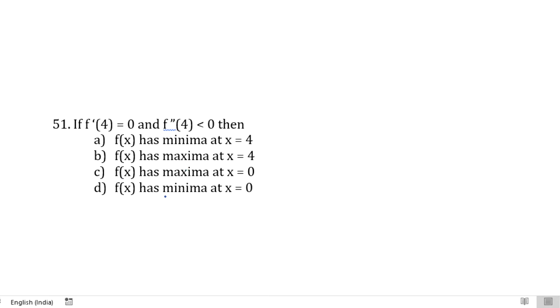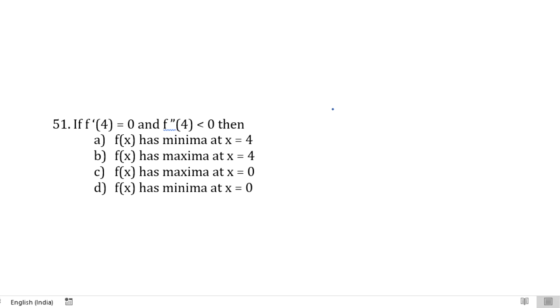Okay, so what do you understand by the statement if f dash 4 is equal to 0 and f double dash 4 is less than 0? If f double dash x, that is the second order derivative, is less than 0, it means the given function will have a maximum value. Where?